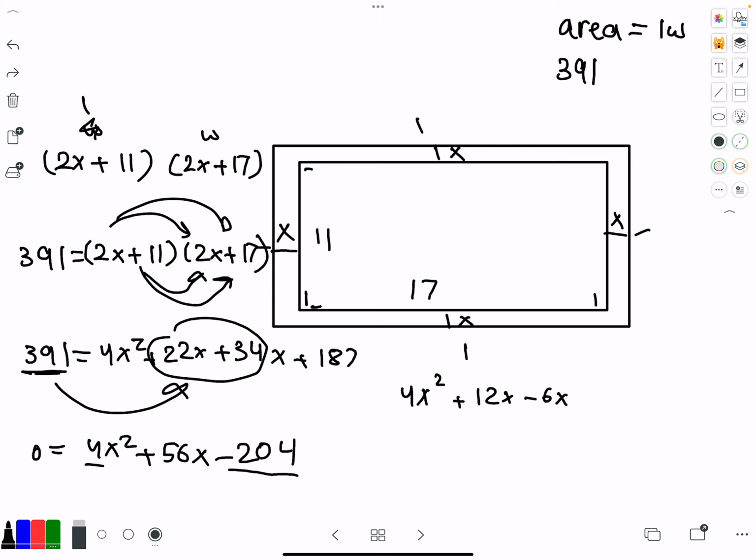Negative 68x minus 204. You take the like terms, for this it's 4. The like term is 4x, so it's 4x (x plus 3). And then it's negative 68 (x plus 3). 4x minus 68.